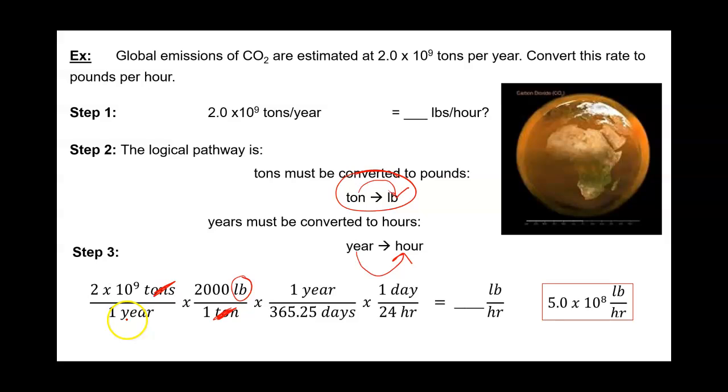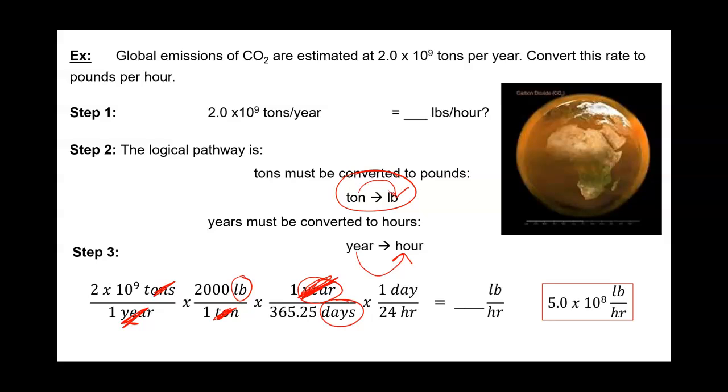So because in my original number, years are on the bottom, I want years on the top line of my conversion factor here so that they cancel out, and then I want days on the bottom. So I know that in 1 year there are 365.25 days. And so that's going to cancel out my years and leave me with days.